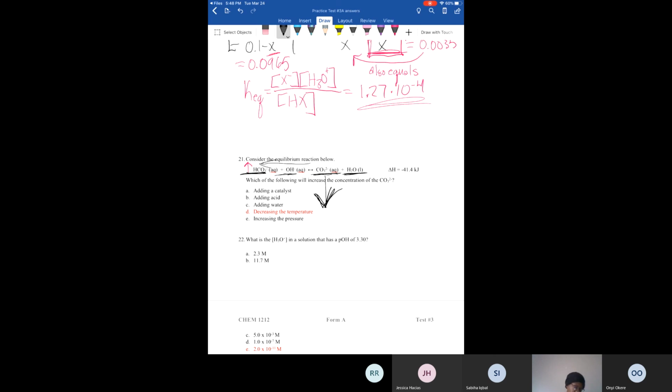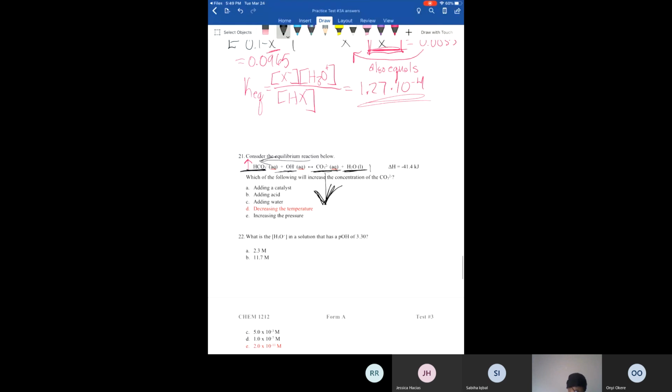I'm not entirely sure how you'd be expected to know this. Based on what you guys have learned, this is one of those tricky questions. But decreasing the temperature is exothermic, so you can treat it like heat is here. Decreasing temperature shifts equilibrium over here. And increasing pressure, remember, you don't focus on water.